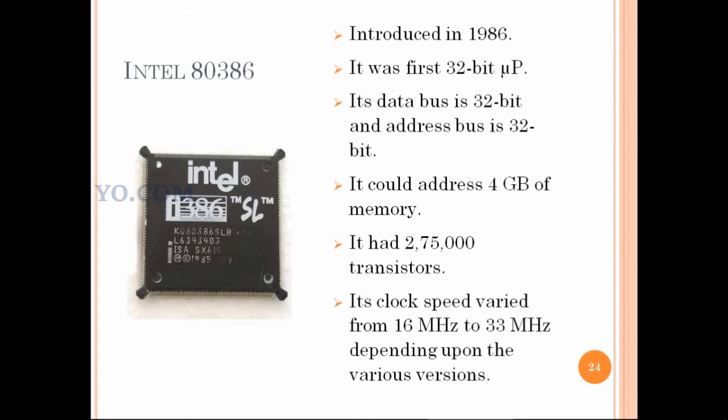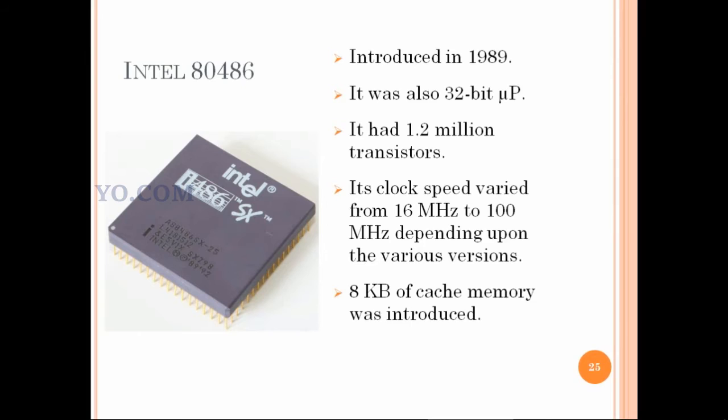The speed of operation varies from 16 MHz to 33 MHz depending upon the different versions present in 386. And the next one is 486. This 486 was released in 1989. It is also a 32-bit microprocessor, and the address bus is also 32-bit.